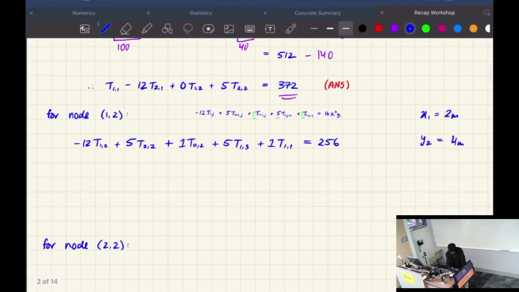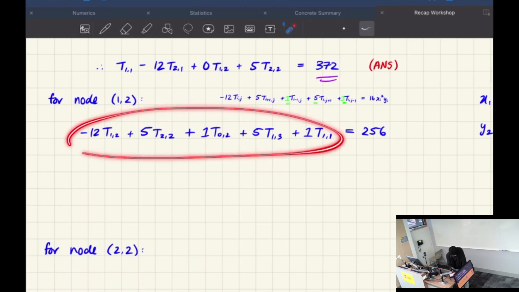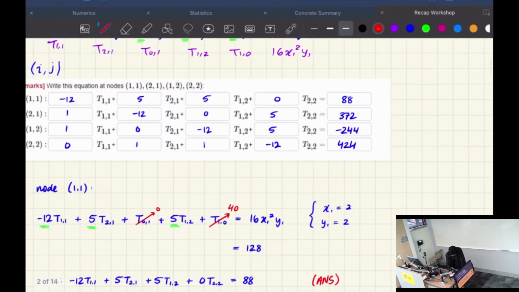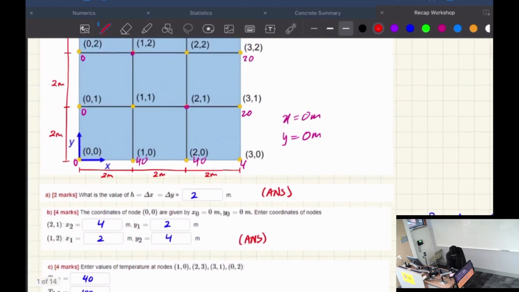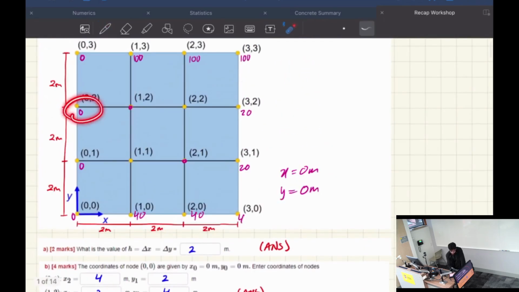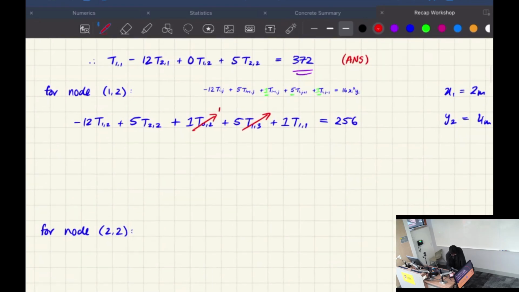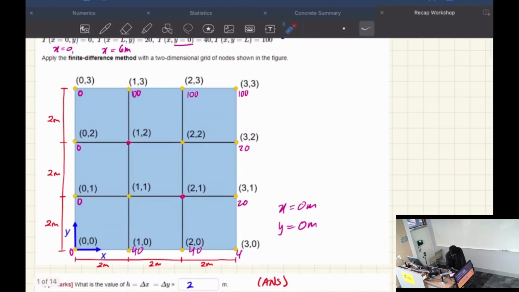Okay. Now taking a look at the left-hand side, there's a few boundary conditions, one over here and one over here. T of (0,2) is right here, which is just 0. So we can say this is just equal to 0. T of (1,3), we also know what that is.